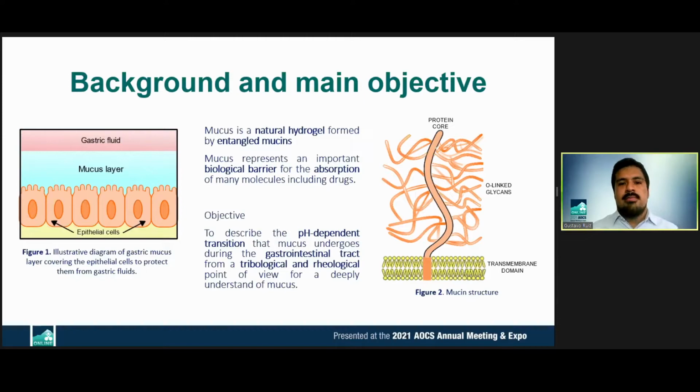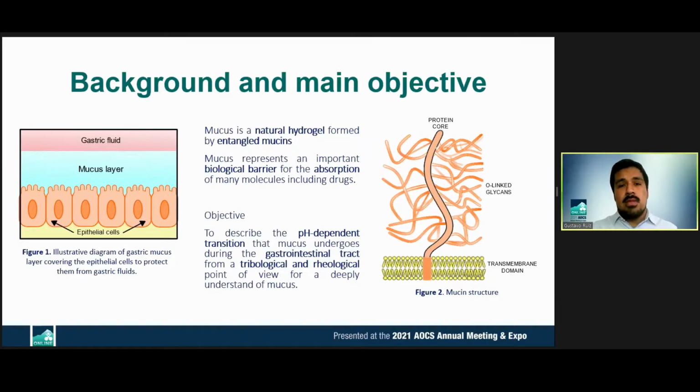The mucus is a natural hydrogel that is formed by the entanglement of mucins. Mucin is an important protein because it gives the mucus its viscoelastic, structural, and some of its functional properties. So it's important to study it.